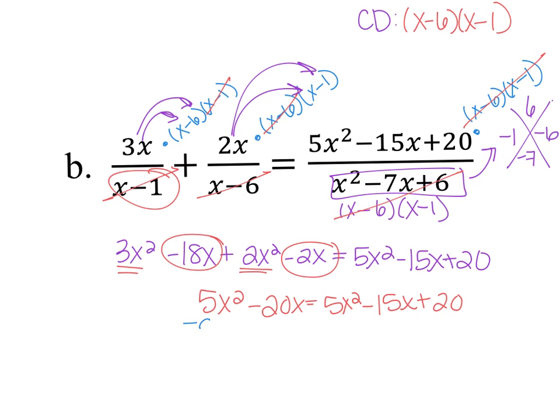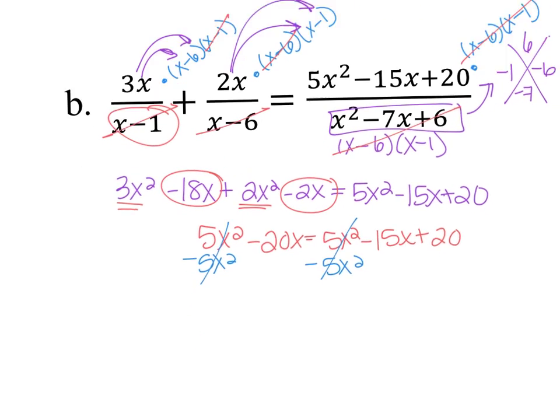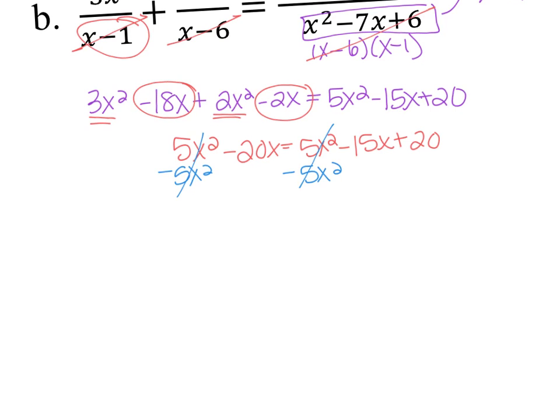Alright, let's subtract my 5x squared from each side, which ends up completely canceling out all my x squareds. So I'm left with negative 20x equals negative 15x plus 20. Alright, let's simplify this more. Let's get all the x's to one side. I can easily do that.